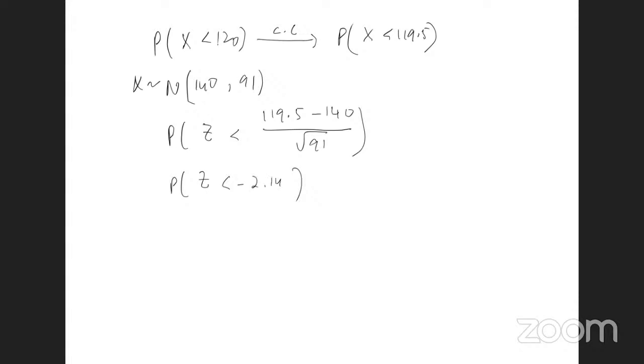Minus 2.149. So you remember when it's minus, it'll be 1 minus phi of 2.149. So go to your table, find phi of 2.149, and then subtract it from 1.